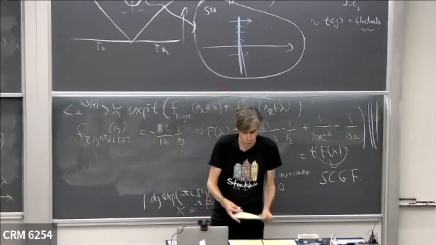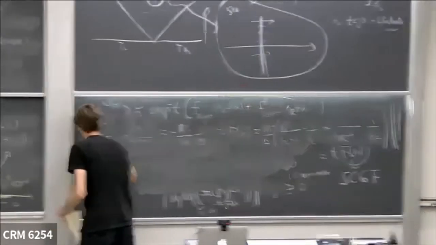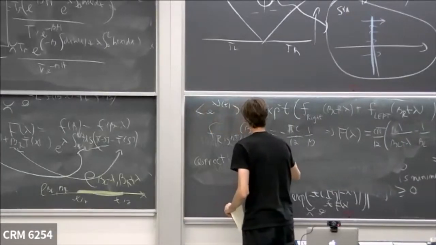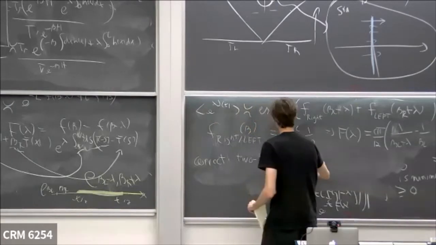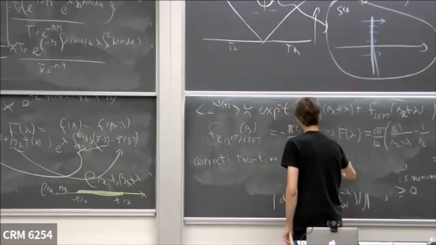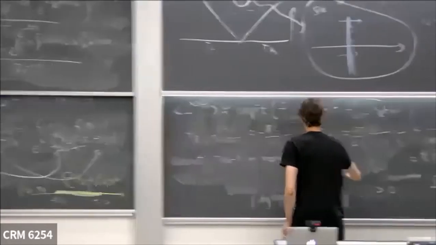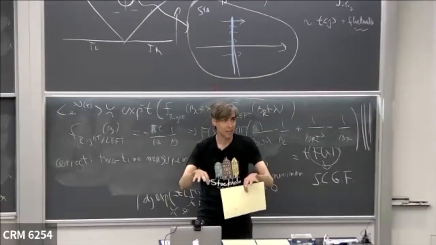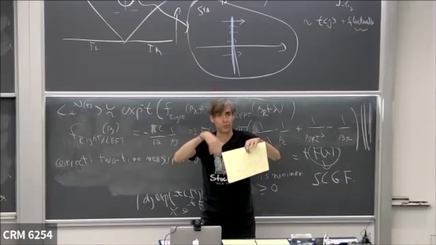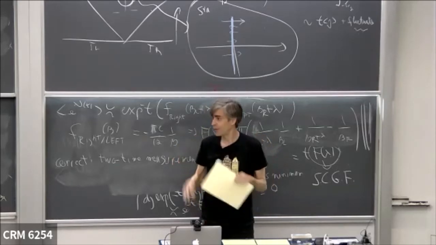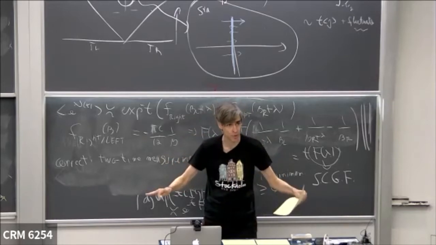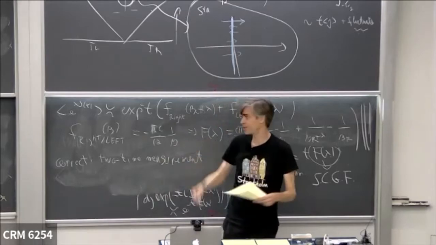One thing that you could do, which would be the correct way of formulating, is what people call the two-time measurement. So maybe what I should do is measure at time 0 the difference of energy between left and right, and then at time t, the difference of energy between left and right. I can do that. But if I do a strong measurement, I project with a projector. That influences the system.